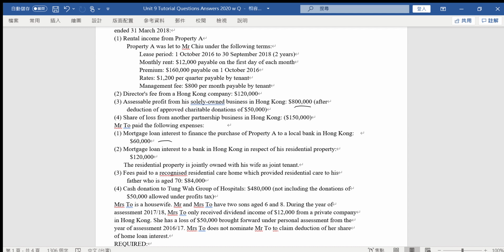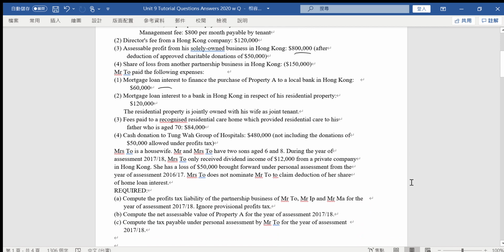Cash donation to Tung Wah Hospital, 480,000, including the donation of 50,000 allowed under profit tax. That's why we need to calculate the maximum, whether that is over or not. And then his wife is a housewife. That's why she doesn't work.